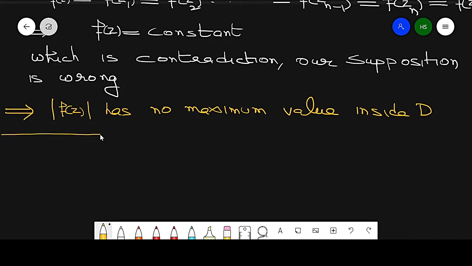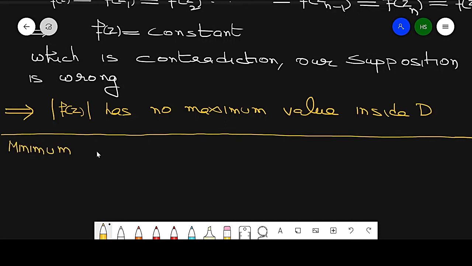Similarly, we can prove the minimum modulus principle. In that case, f(z) has no minimum value inside D. So the statement is almost similar. What is the minimum modulus principle?